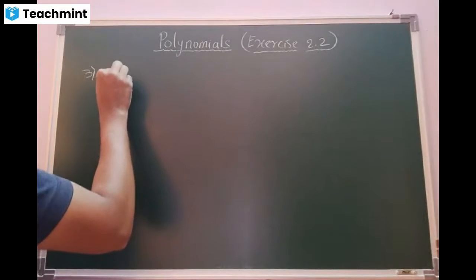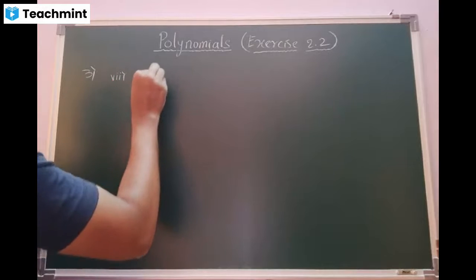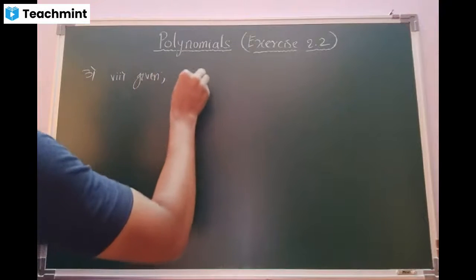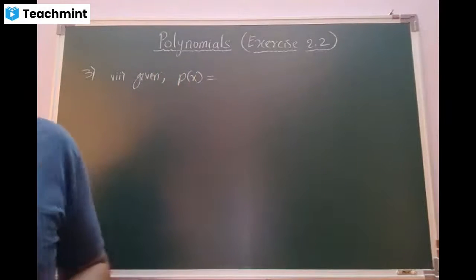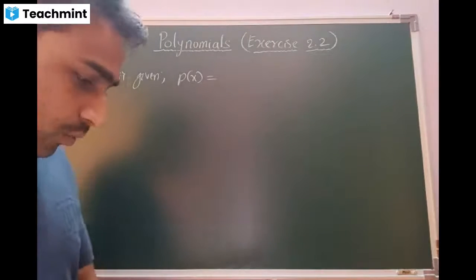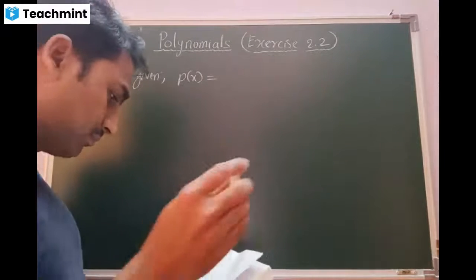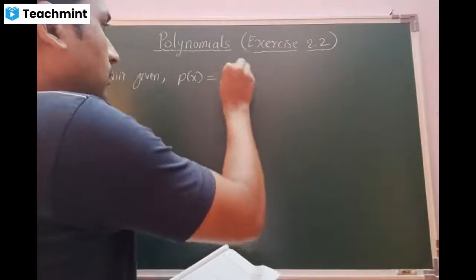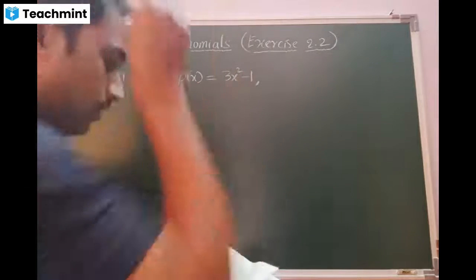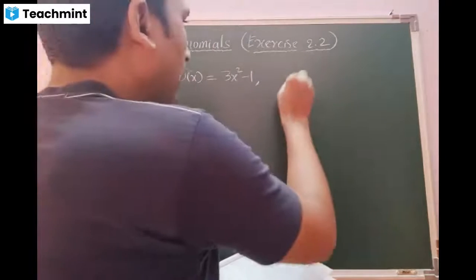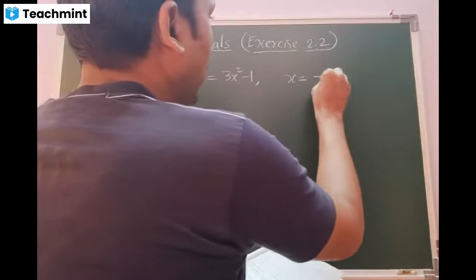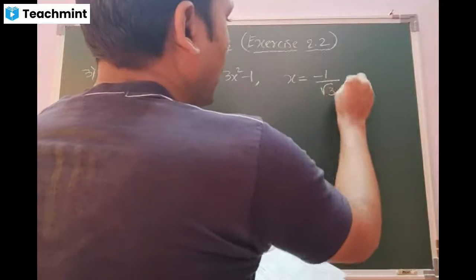Third main seventh question. Given P of x, polynomial in the variable x equal to 3x square minus 1, x values they have given two, beta. First they give minus 1 by root 3.